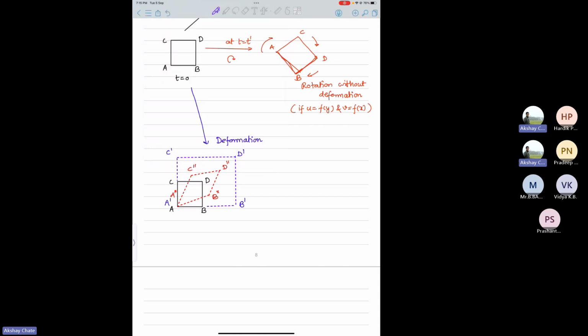So therefore, rate of deformation is defined in this concept.